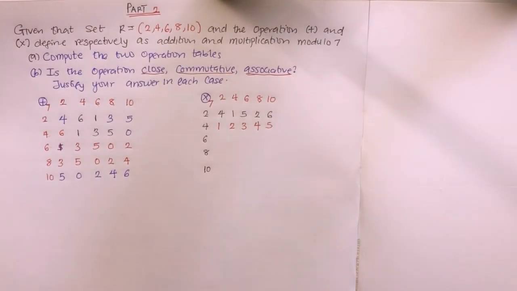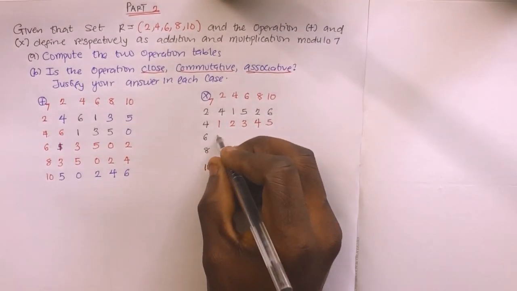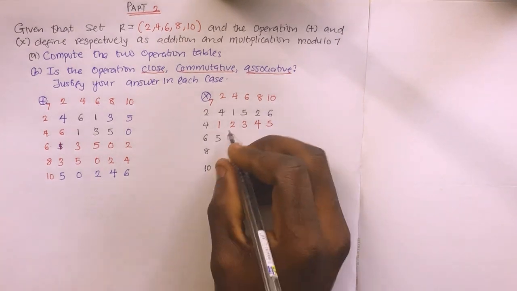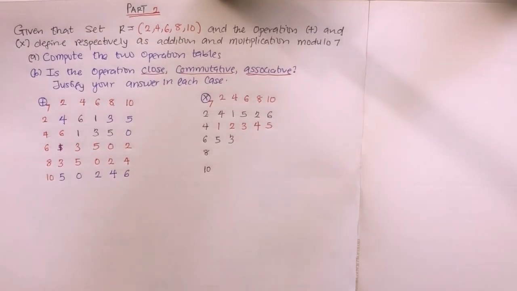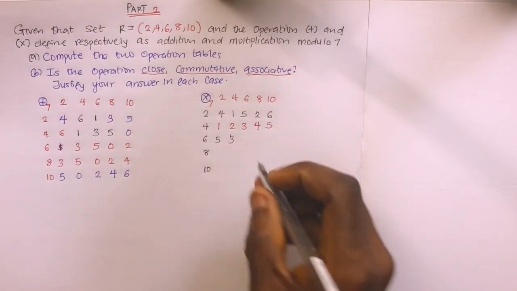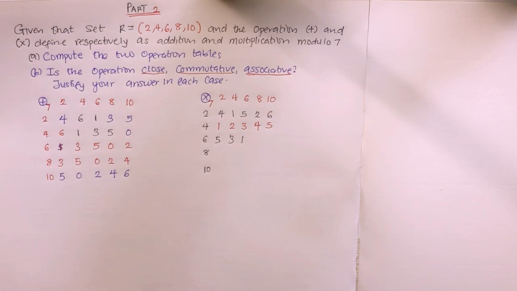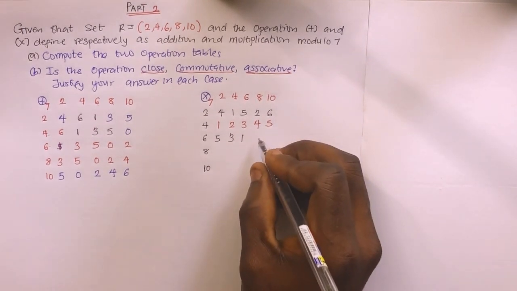Then for 6 star 2, that is 12. We are going to have 5 here. 6 star 4, that is 24, we have a 3. 6 star 6 is 36, we have a 1 here. Then 6 star 8, that's 48, that should give me 6.